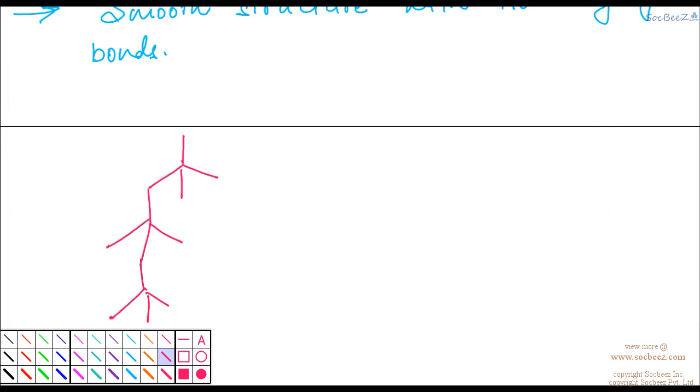Similarly, this carbon would be linked to other carbon atoms. But obviously, at these edges, these carbon atoms would not be linked to the other carbon atoms. I hope you are getting this point. So these bonds would be left dangling. This is what we mean by dangling bonds.